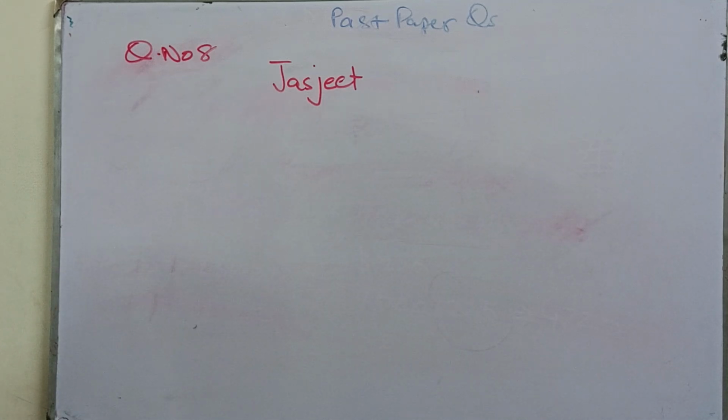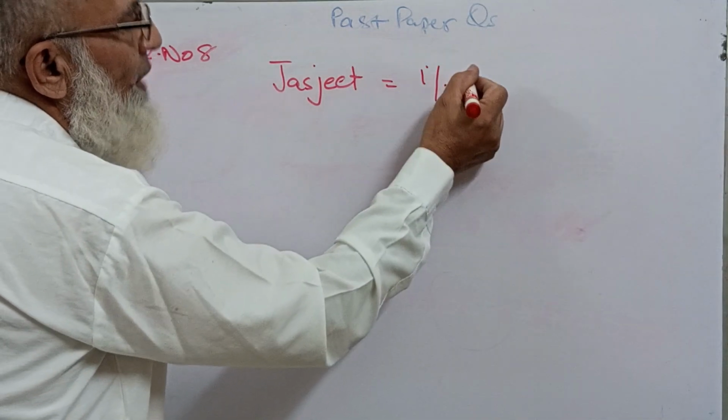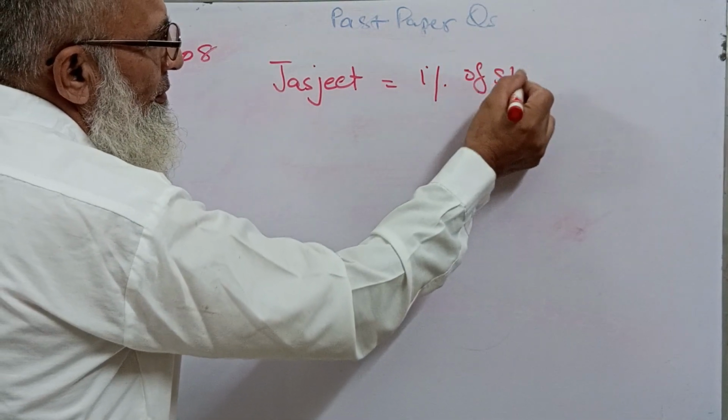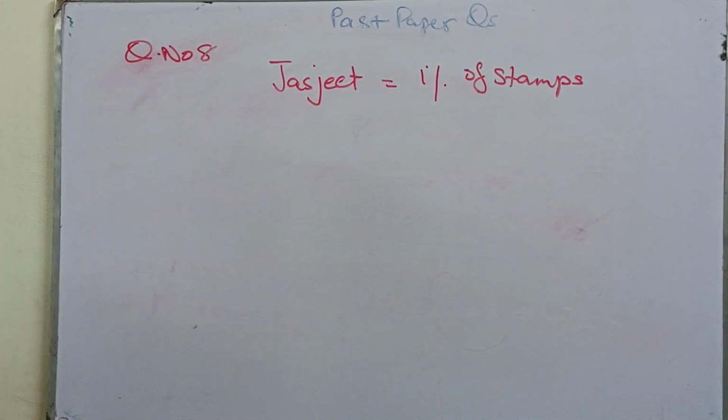It is also called philanthropist. Okay, very difficult word. Now she gave to her sister 1% of her stamps.